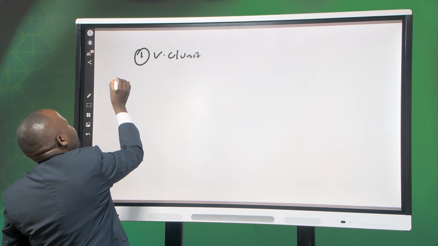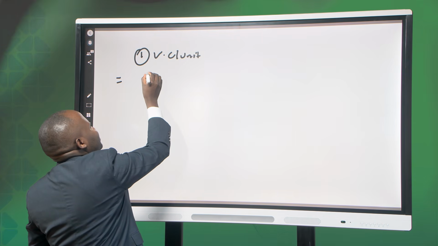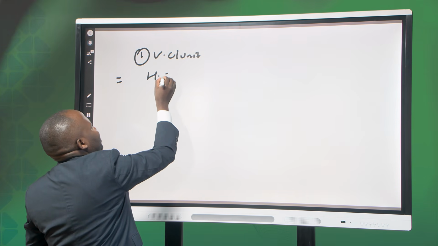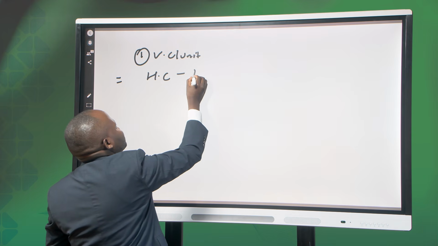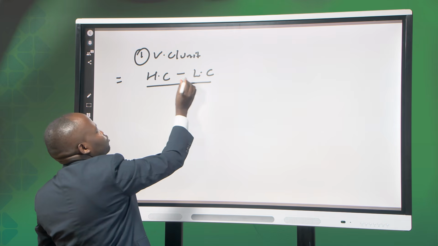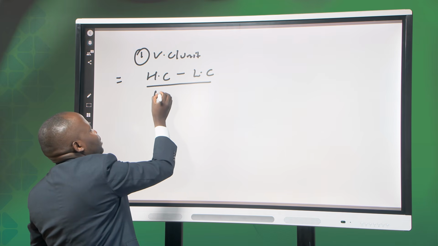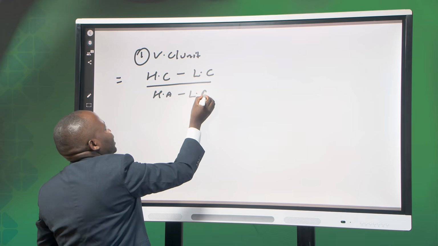In order to get the variable cost per unit, remember we have said cost at highest activity minus cost at lowest activity. I abbreviate it as highest cost minus lowest cost, divided by highest activity minus lowest activity.